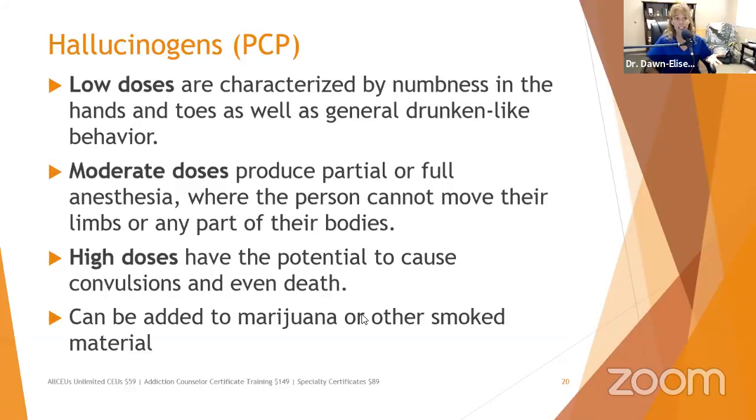I had a client one time who was on work phase, went out to work, smoked what she thought was spice, and she thought she'd get away with that. But the spice happened to also be laced with PCP. And when she came home, she was experiencing effects similar to a moderate dose of PCP, as well as very intoxicated from the spice.